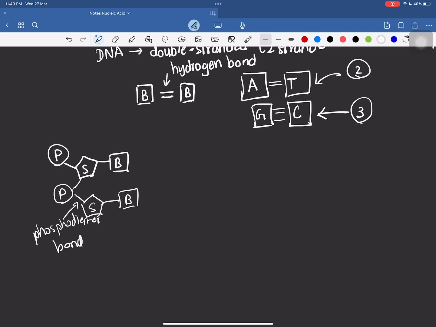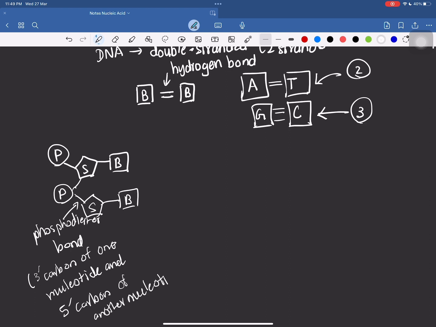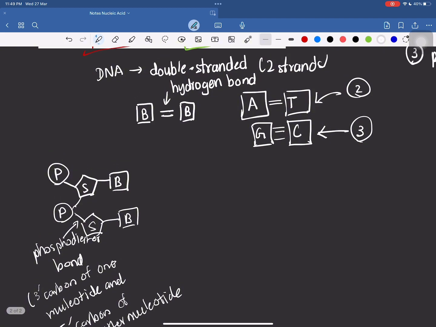Then the phosphodiester bond is between what? The 3' carbon of one nucleotide and the 5' carbon of another nucleotide. Do you guys remember that?